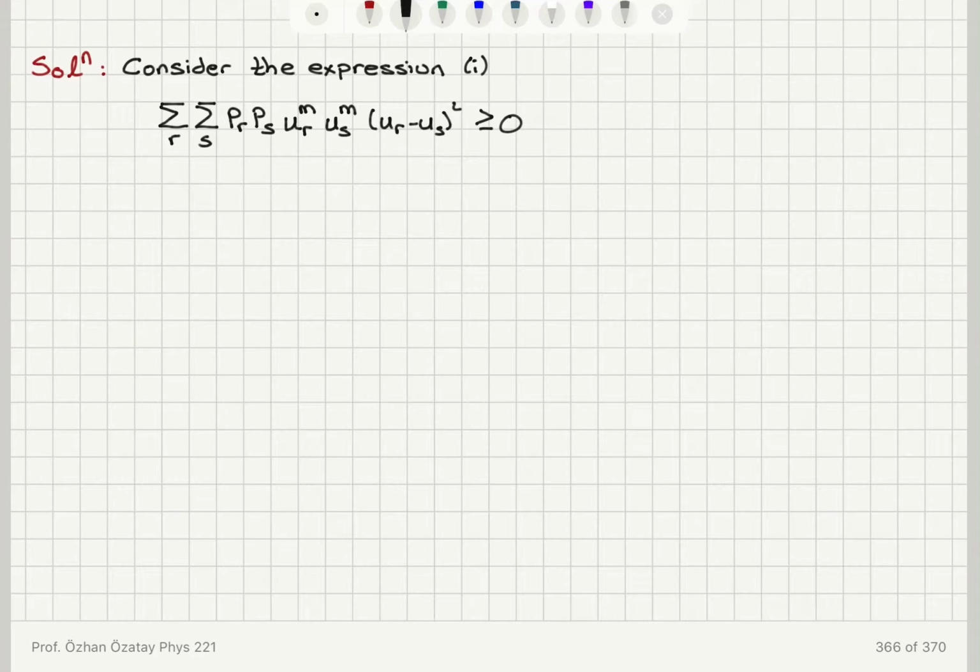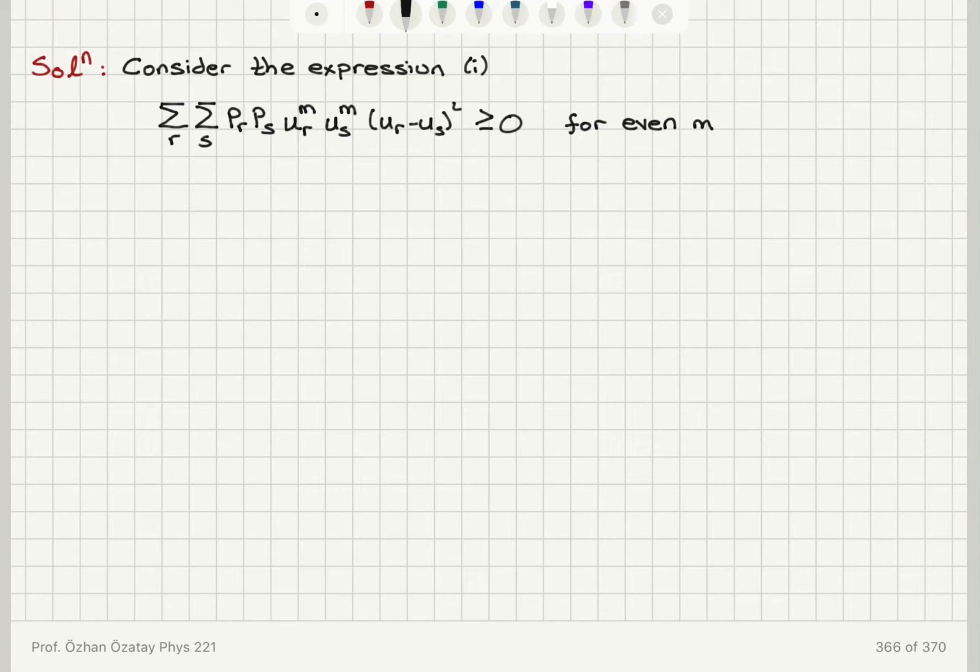If I have an even number for M, what will happen? For example, M equals 2, then I would have UR squared and US squared multiplied with UR minus US squared, which is always going to be greater or equal to 0. So this is true for even M.